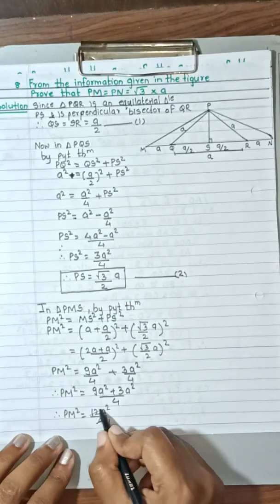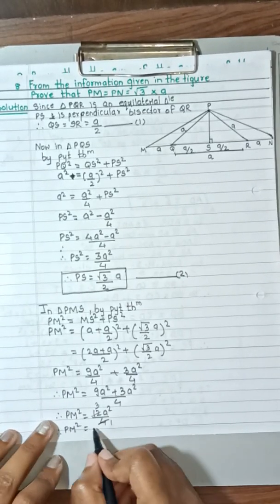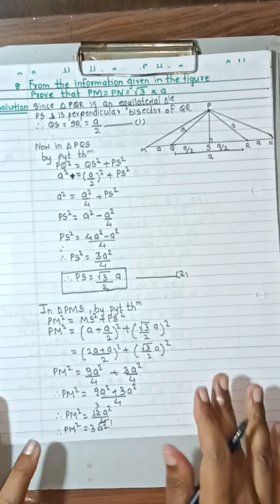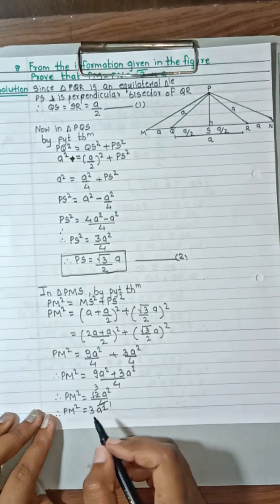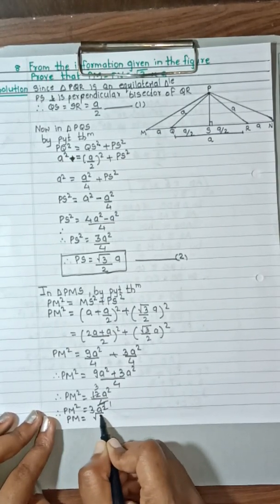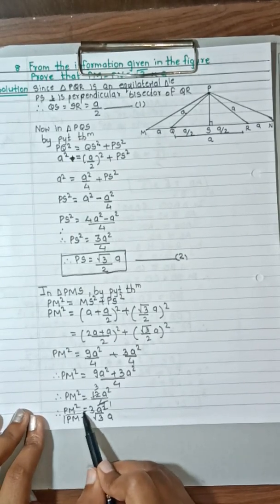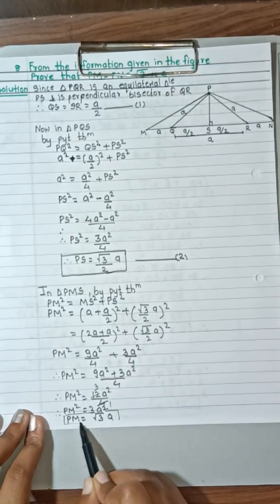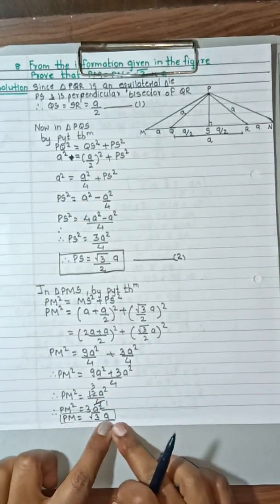So 4 1s are 4, 3s are 3. Therefore PM square is equal to 3A square. Okay. Therefore children, you can write down directly that PM is equal to root 3A. Got it? See, I'll make a small box over here as I don't have a sufficient place over here. See here, PM is equal to root 3A.